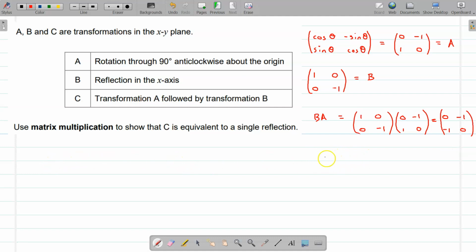Okay, so that's equal to C. Then you just need to say that C is a reflection in y equals minus x. Okay, and you are supposed to learn those matrices. Okay, and that's it.